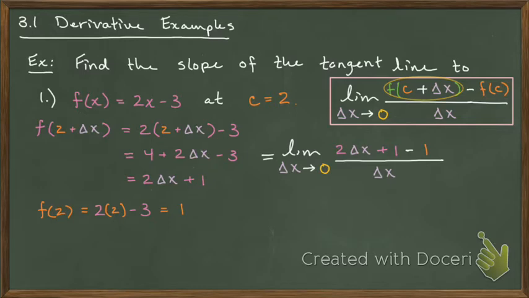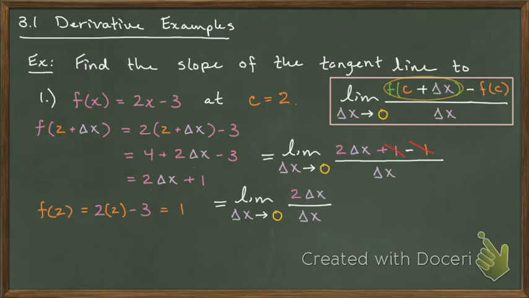So just about every time we do this, there's going to be some sort of cancellation. In fact, there's probably going to be multiple cancellations that happen. The first one I see here is plus 1, minus 1. Those disappear. I'm left with 2 delta x divided by delta x. When you're doing these, there should be no extra terms, no constants, no anything.